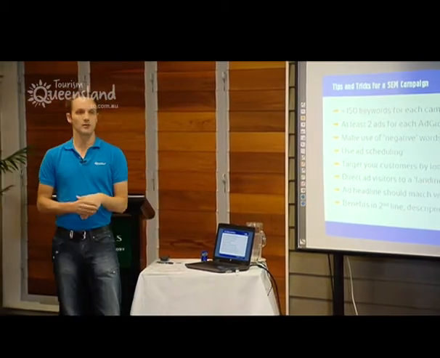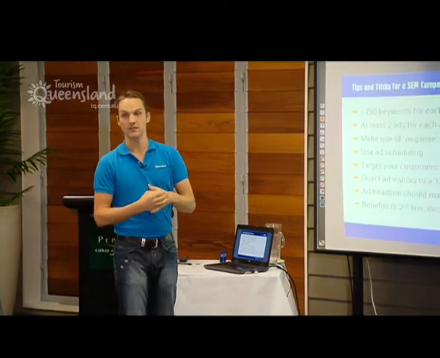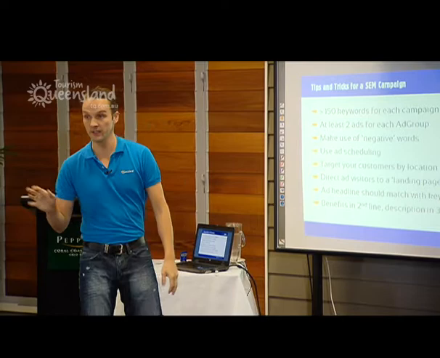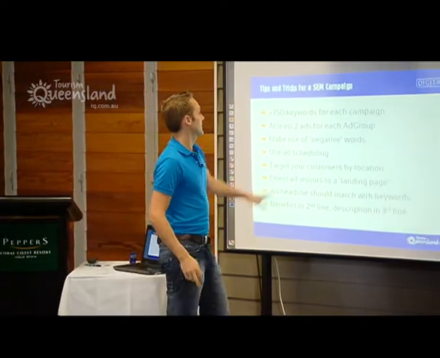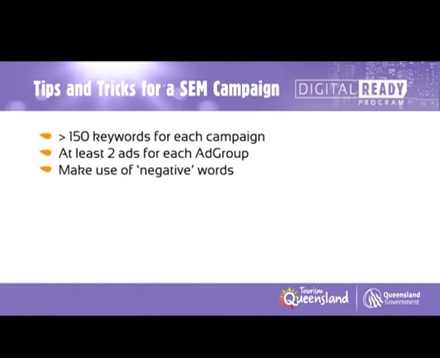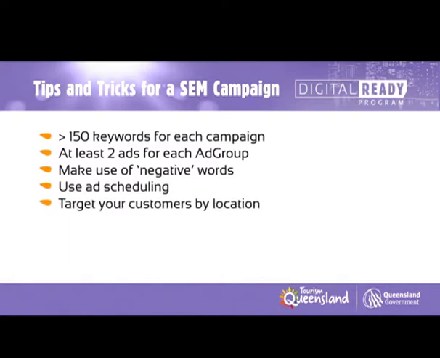Okay, this is a big slide with a lot of information now. You have this all in your handouts anyway. I listed a few things like tips and tricks, what you have to keep in mind if you start working with SEM. Something to have in mind is, if you start creating a campaign, have 150 keywords. That sounds like a lot, yeah?